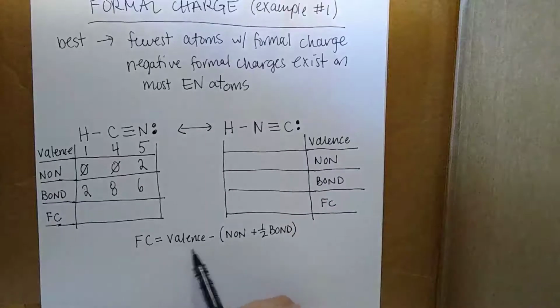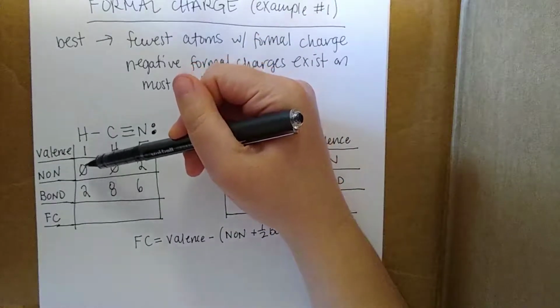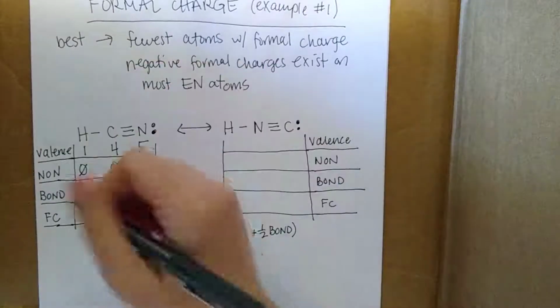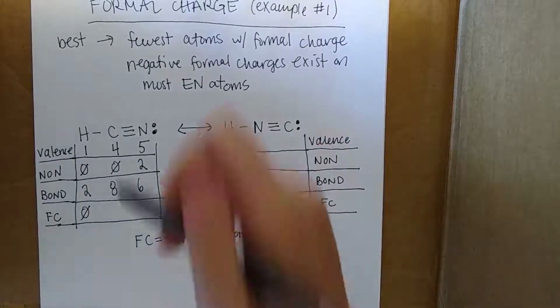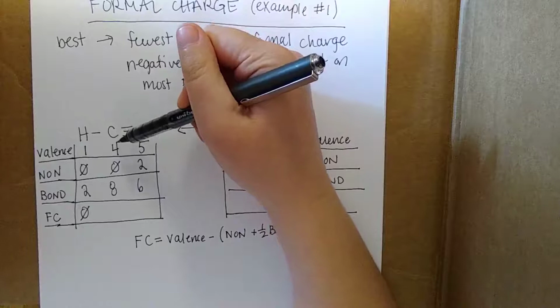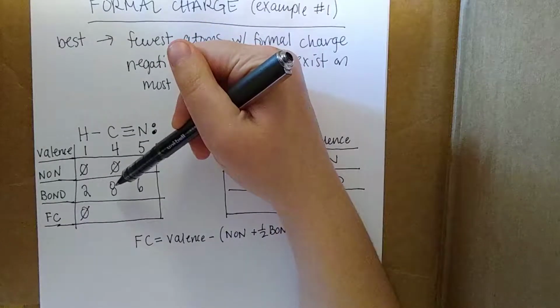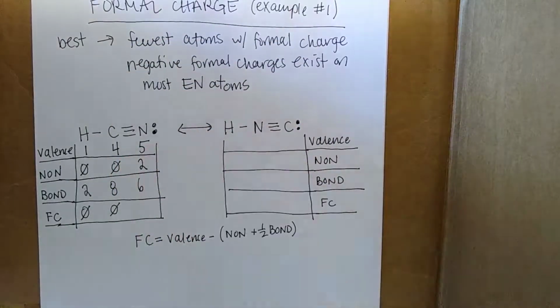So if we evaluate the formal charge using these values, we're going to do 1 minus 0 minus 1/2 times 2, so it's 1 minus 1, basically. So the formal charge on that hydrogen is 0. Similar for the carbon, we'll do 4 minus 0 minus 1/2 of 8, which is 4. So it's 4 minus 4, that also gives us 0.